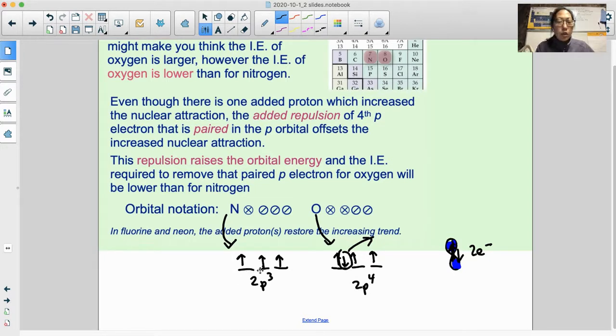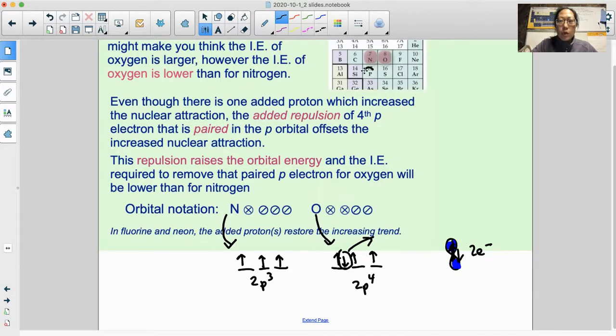In the nitrogen atom, there is no repulsion energy. We just take one away. So this is why we see this lowering of ionization energy, because this repulsion energy can't be compensated by the increased nuclear charge.